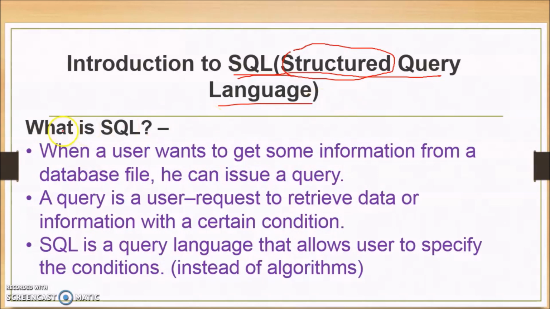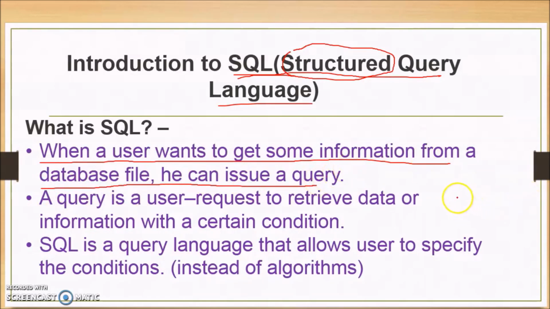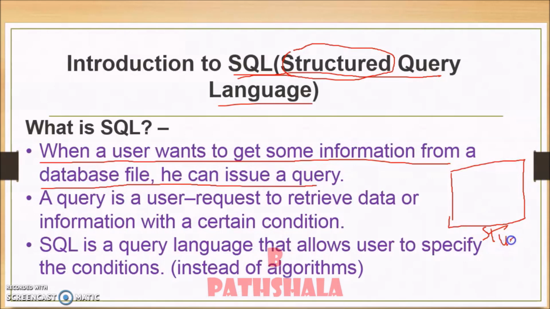access the records. So when a user wants to get some information from a database file, he can issue a query. So suppose for example there is a database, and the name of this database, suppose it is student. ठीक है, एक database है जिसका name है student.